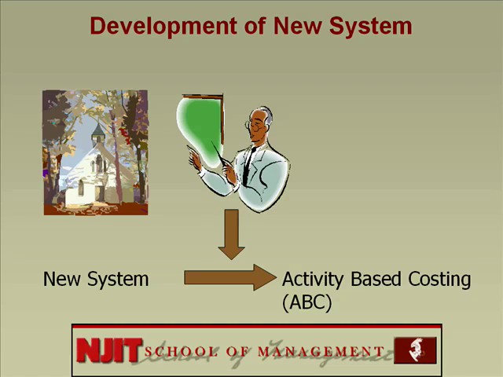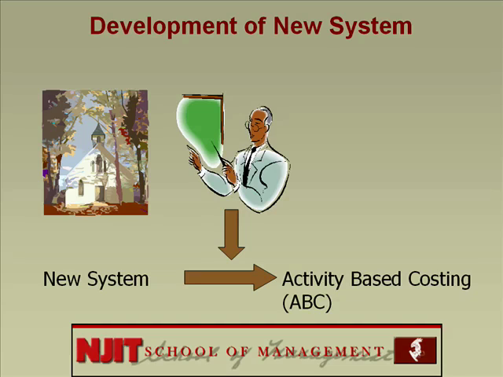So now you really have two systems out there. There are companies who use the traditional system simply because overall it's been tried and tested. There are other companies who prefer to use ABC.